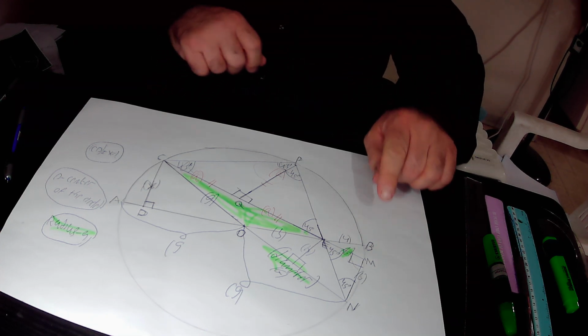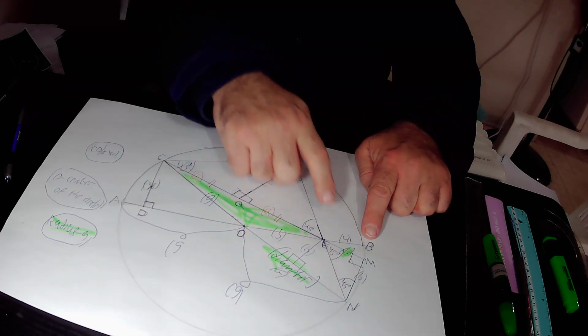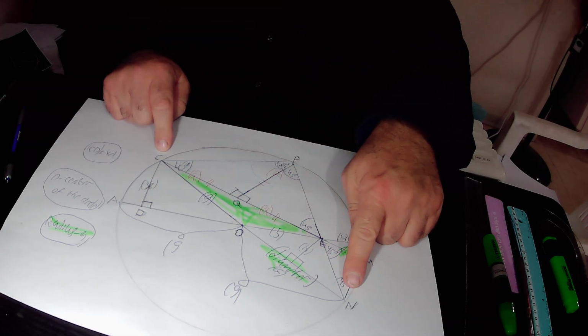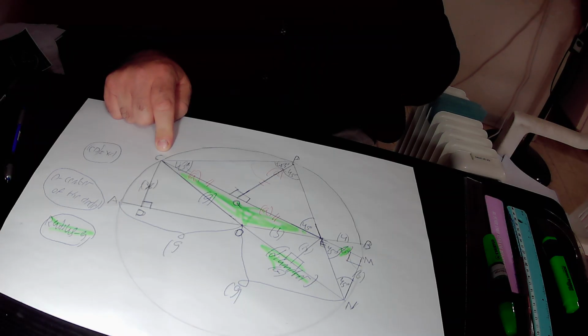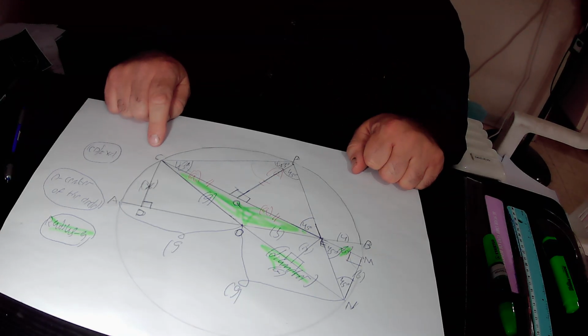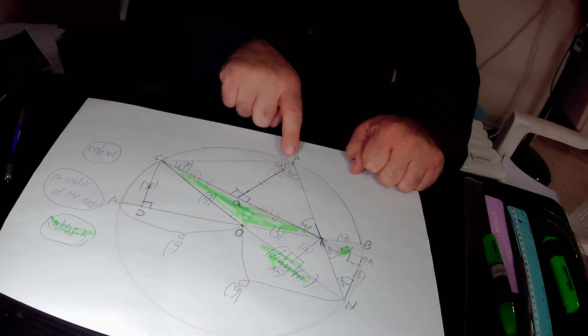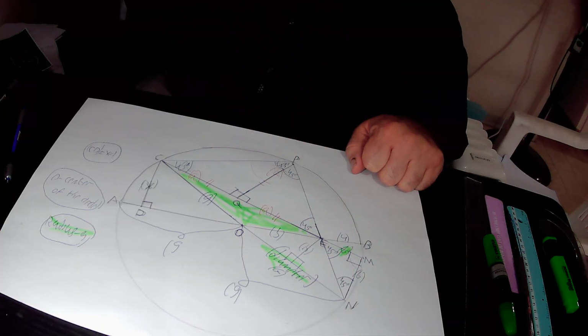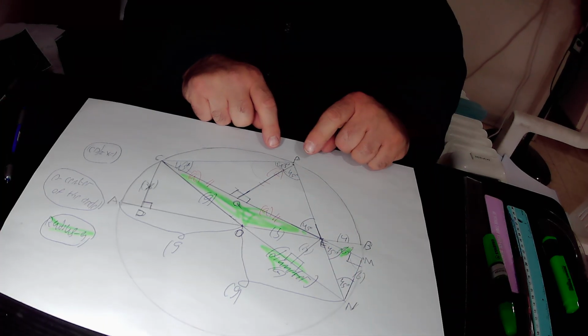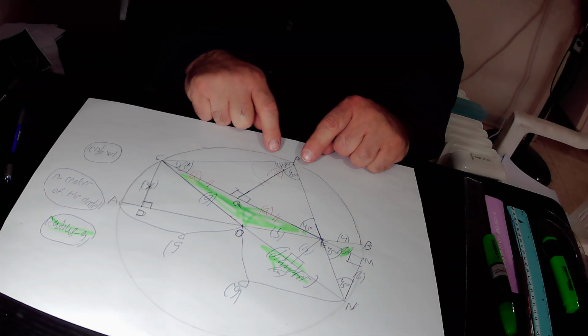In the next step, we join points M and N together by a line, and we also join points C and N together by a line. Here, we have the inscribed angle CPN. This is inscribed angle CPN, which is equal to 45 degrees plus 45 degrees, that is 90 degrees.